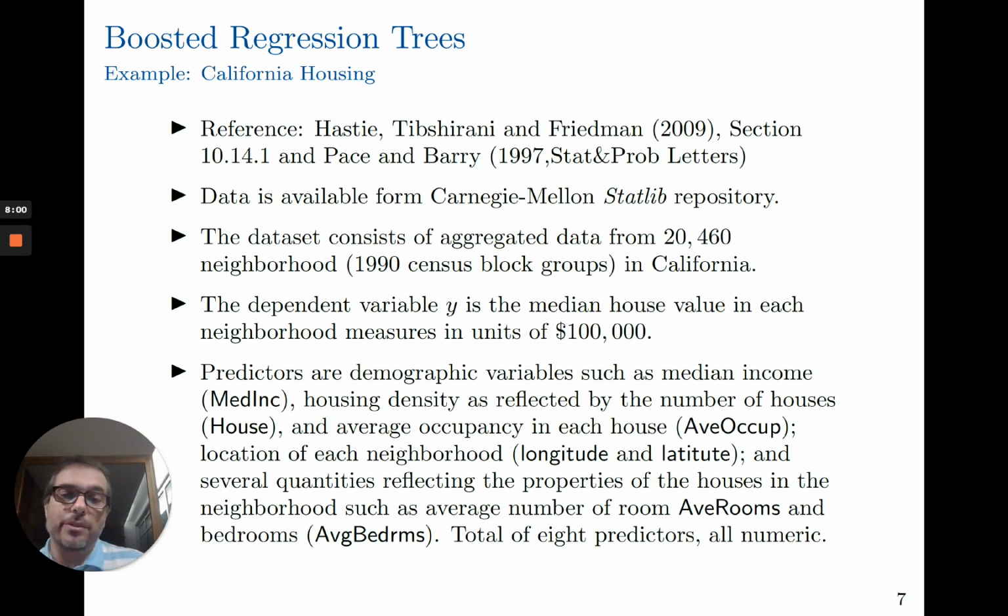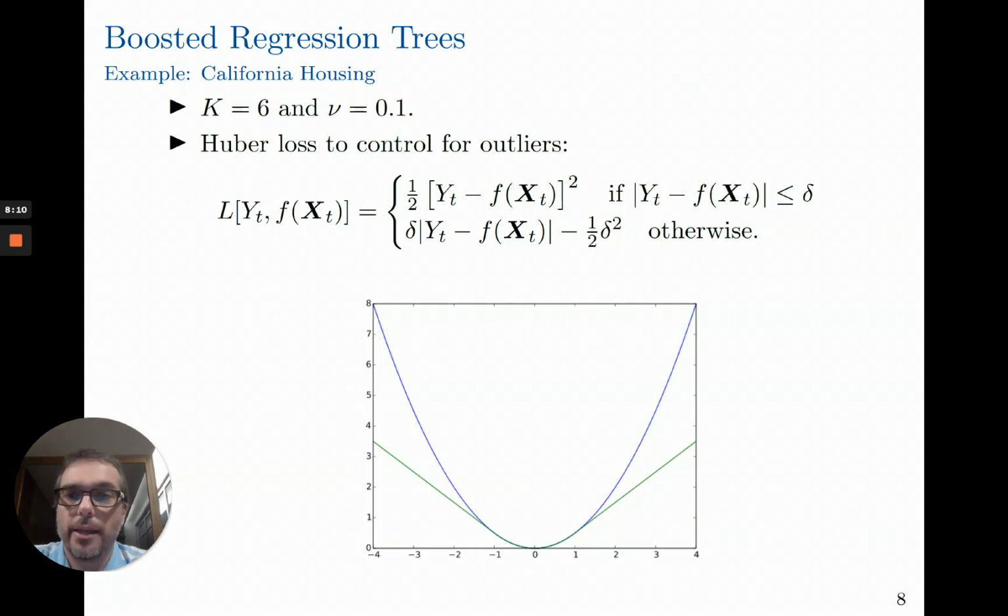Here in this example, it's really small data. We have just 8 predictors and all numeric, but you can have really, really large data sets. And the authors, because there are some outliers, instead of using the square loss, use the Huber loss, where it looks like a square function near the origin, but for larger values it penalizes less than the square function.